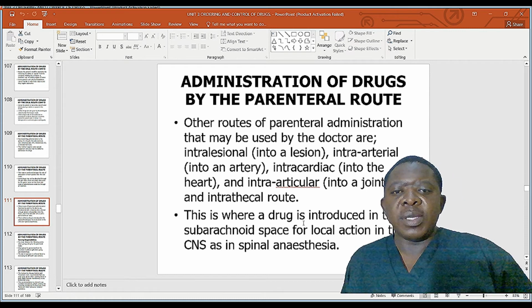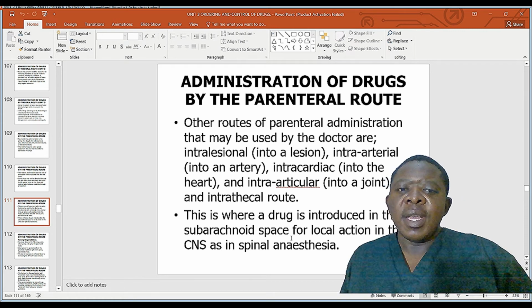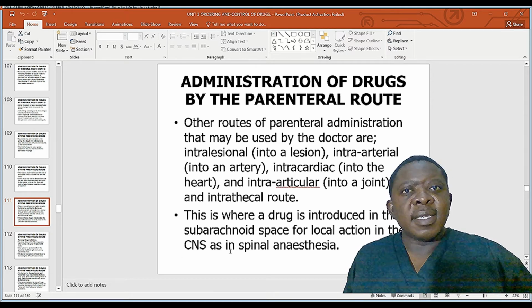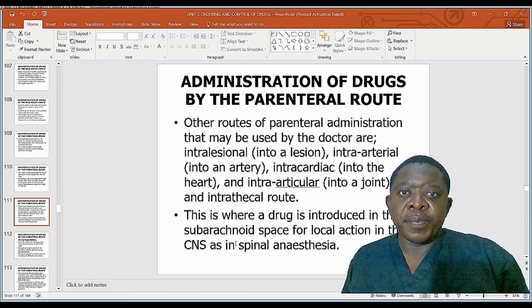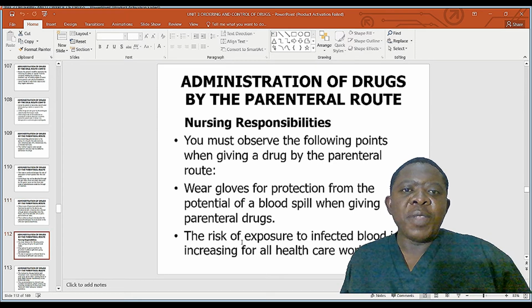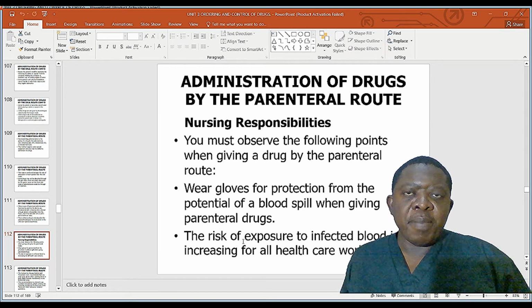So this is where a drug is introduced in the subarachnoid space for local action in the central nervous system, as in spinal anesthesia. Okay, so what are some of the nursing responsibilities when a parenteral drug has been given?